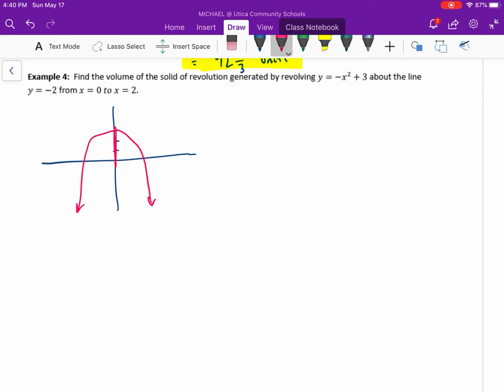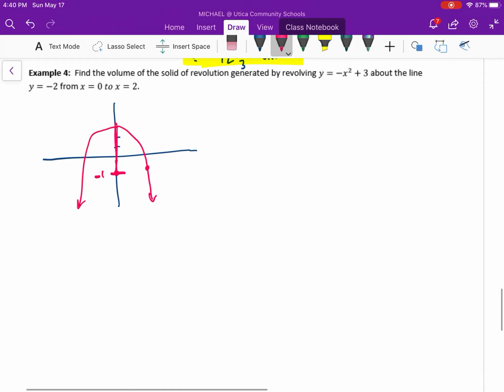Let's see, when I plug in a 2, I get negative 4 plus 3, which is negative 1. So it's actually going to be down here at negative 1. And that's actually going to be where, so I'm taking this and I'm rotating it around that line.